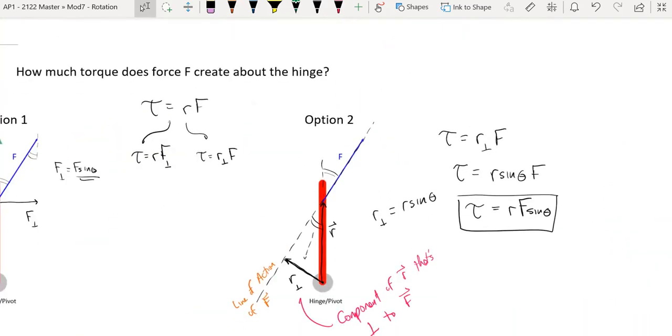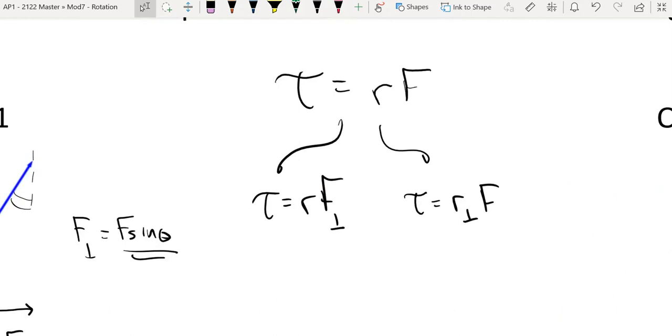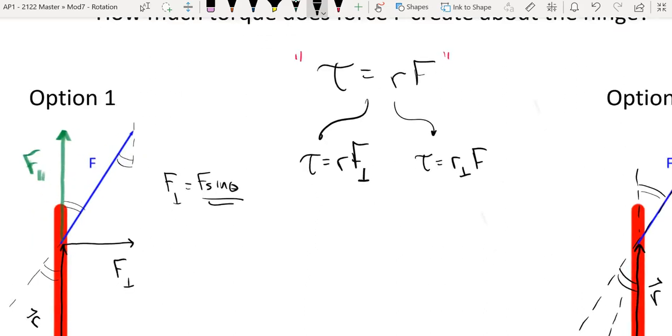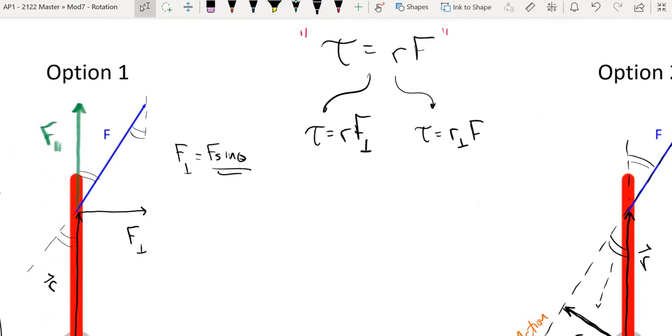But we need to know and be able to use the fact that this is how much torque a force creates. It depends on a component of one thing perpendicular to another. Okay? Okay, buddies. Thanks a bunch.